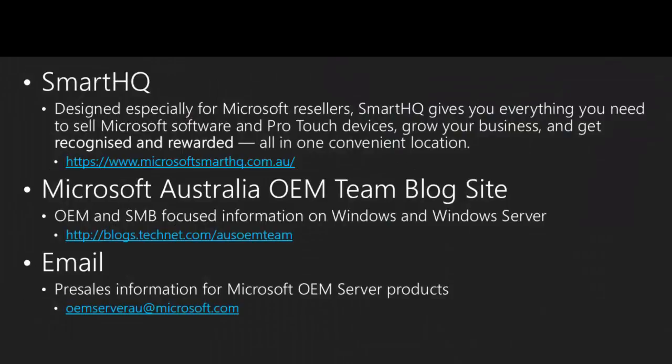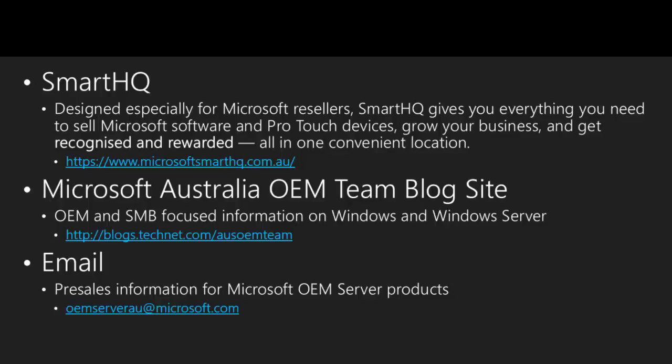So just to wrap up for today, there's really just 3 main resources that I want to make you aware of. The first one is SmartHQ, which is the site that, if you're receiving this newsletter, you're probably already accessing to get things such as access to this video recording. It's microsoftsmarthq.com.au.